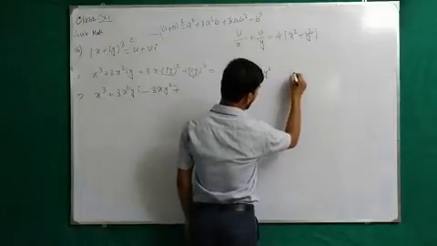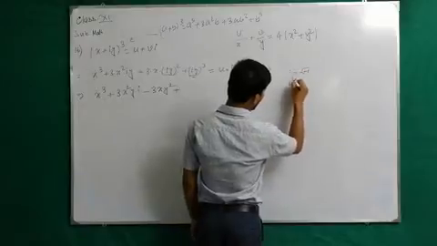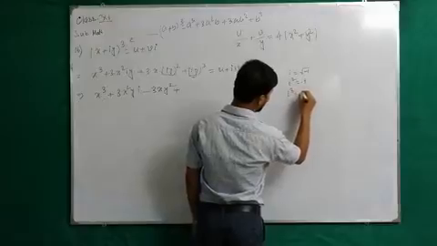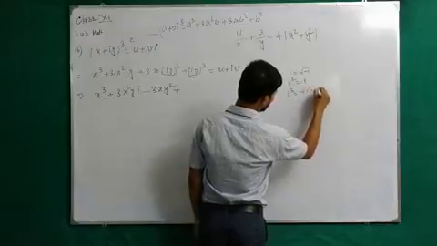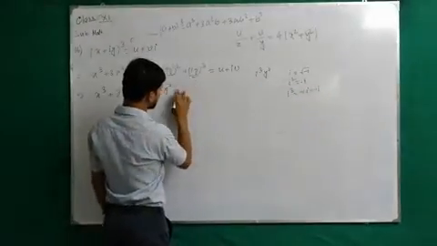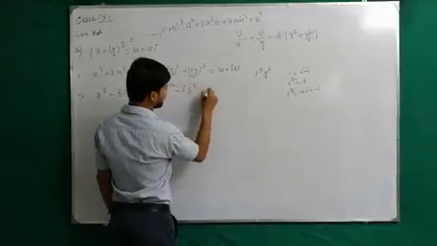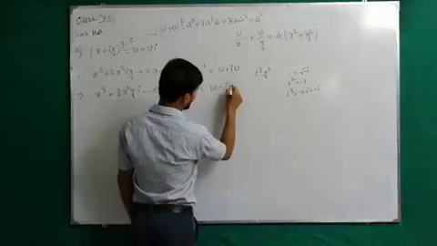We know that i equals root over minus 1, i square equals minus 1, and i cube equals minus 1 into i, that is equal to minus i. So this term will be minus i into y cube, which is equal to u plus iv.